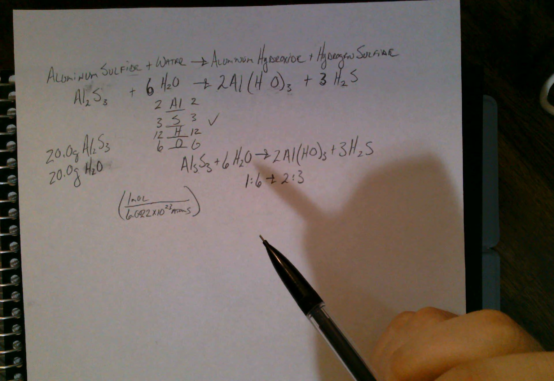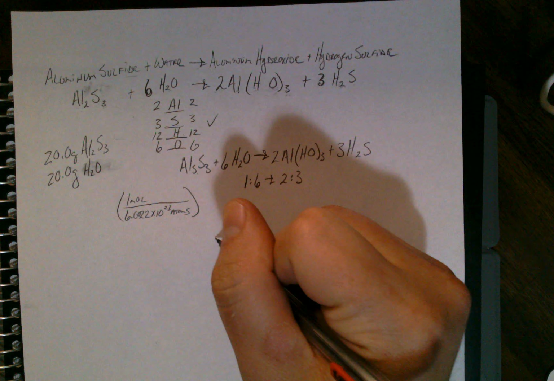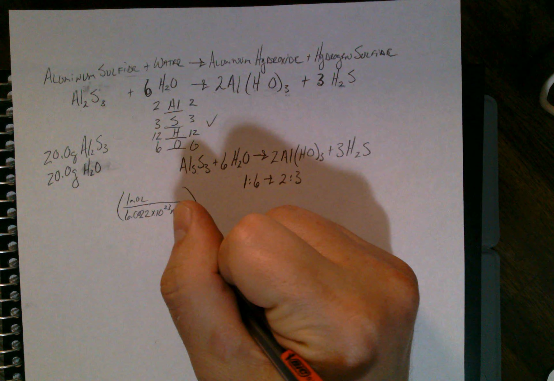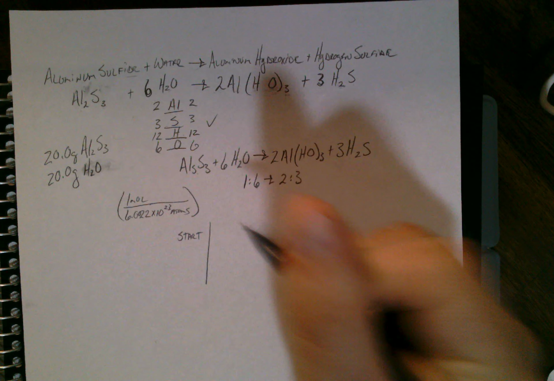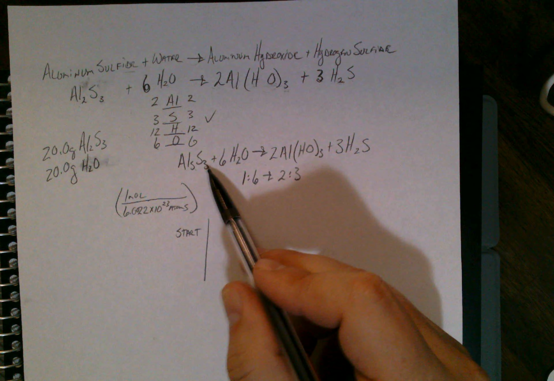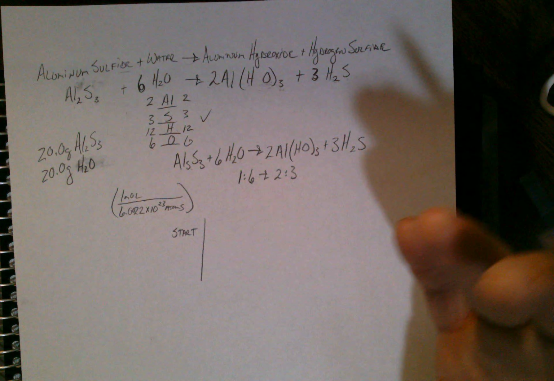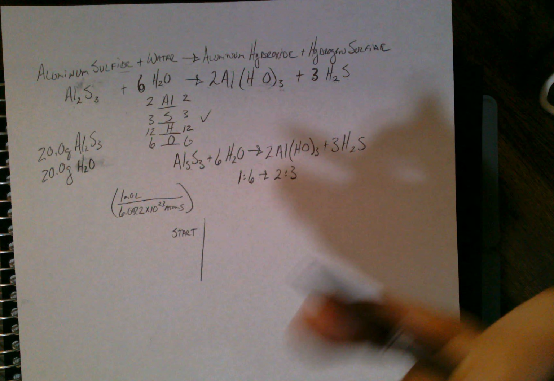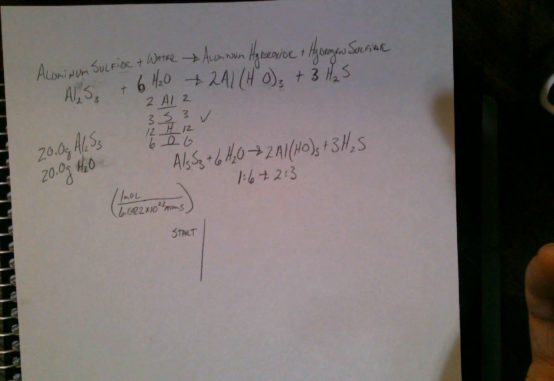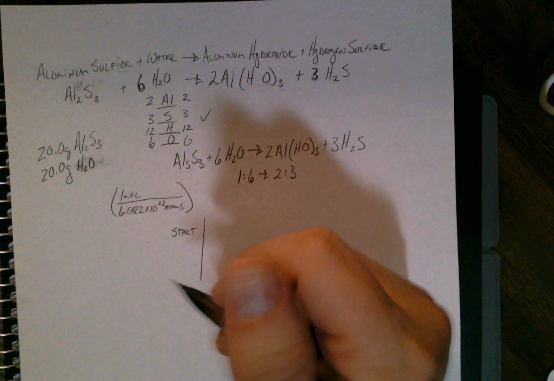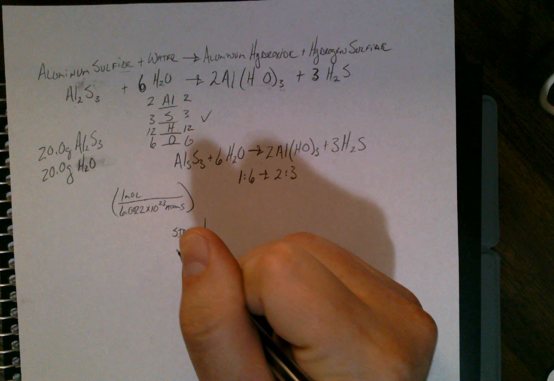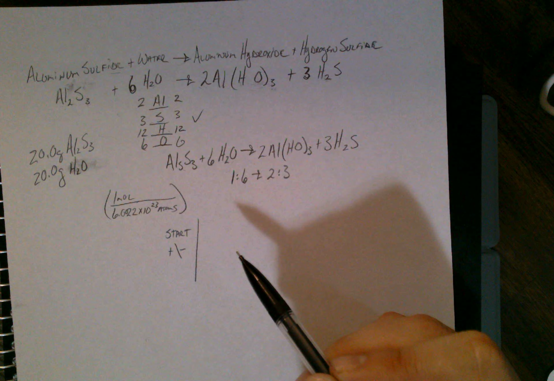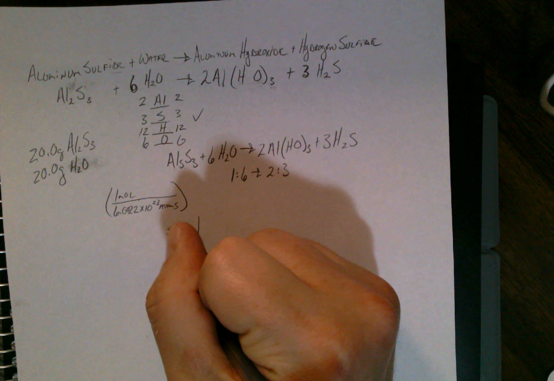So the first thing that we want to do is we're going to build a little table here, okay? And our table is going to be basically like, at the start, how many moles of atoms or how many moles of molecules do we have of that particular thing at the start, and then we're going to do a plus minus, which is going to tell us how much we gain or lose, and then at the end, how much we have of each.